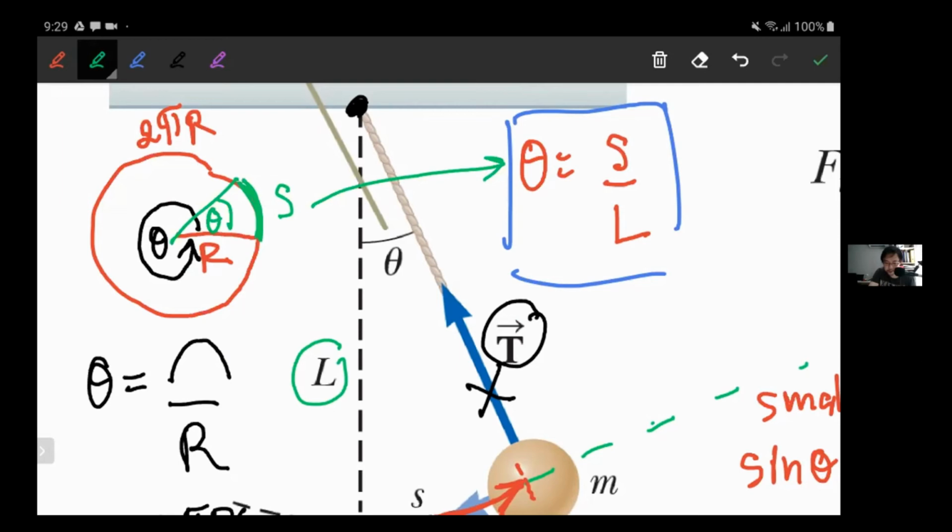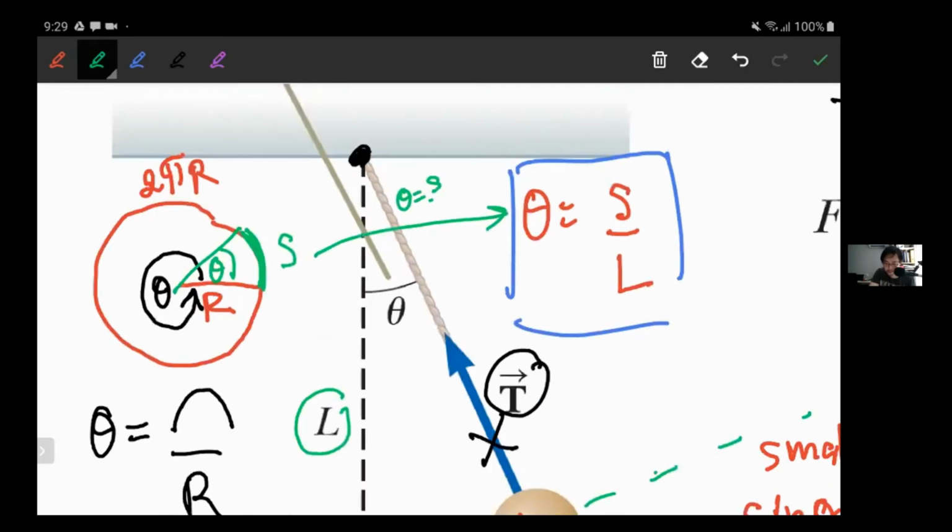So let me write this: theta equal to s over r. There you go. That is the definition of the angle in radians. You take the arc length divided by the radius of that curvature, and you get the subtending angle of that arc right there.